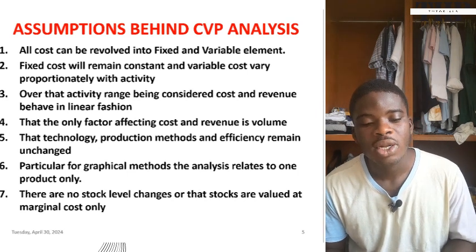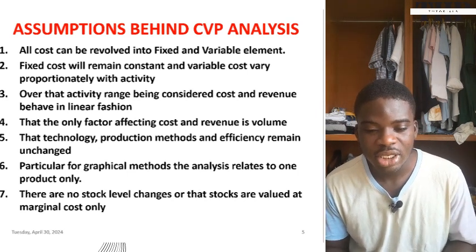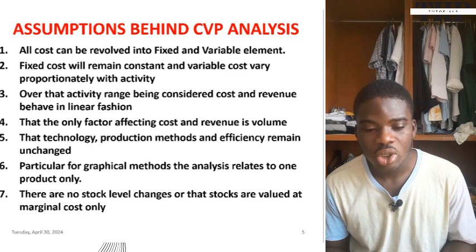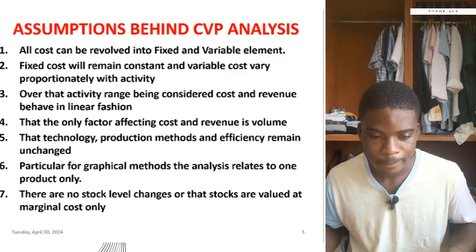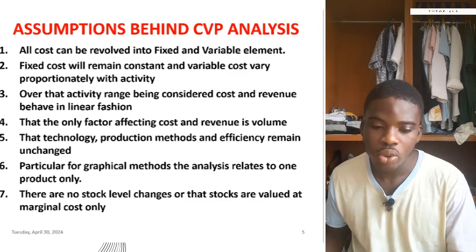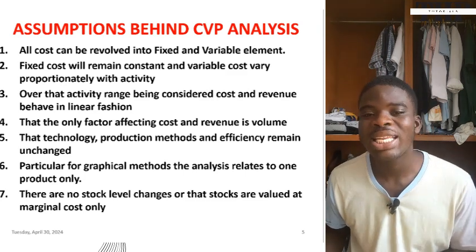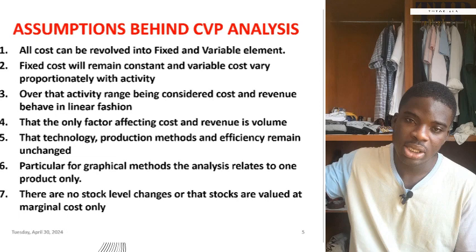So the third is, over that activity range being considered, cost and revenue are considered to behave in a linear fashion. Linear fashion, right?